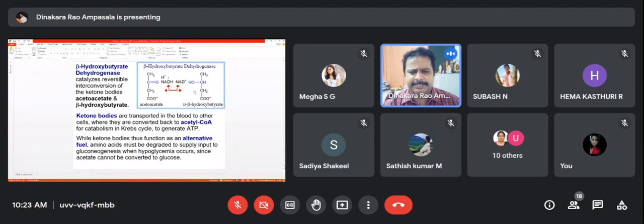This is a reversible step, so it can form beta hydroxybutyrate, or by oxidizing, it can form acetoacetate molecule. So these are the ketone bodies.